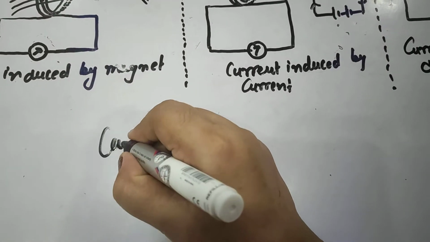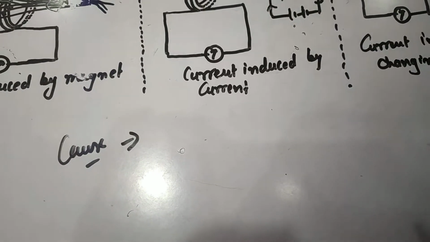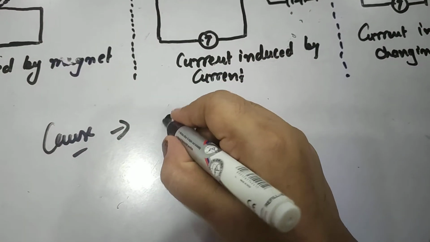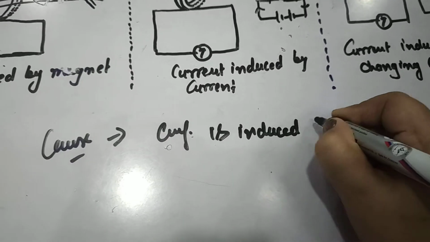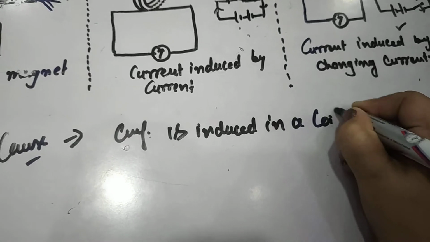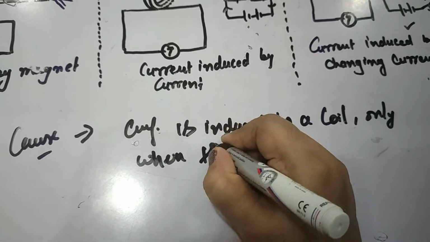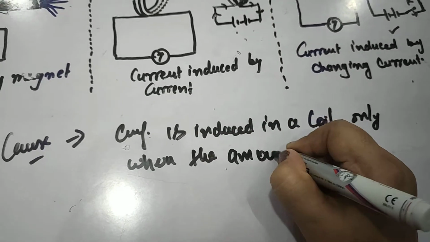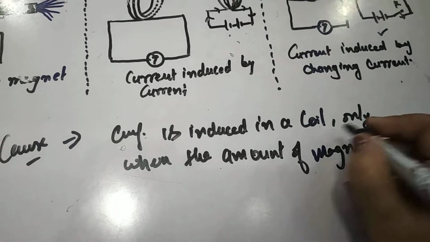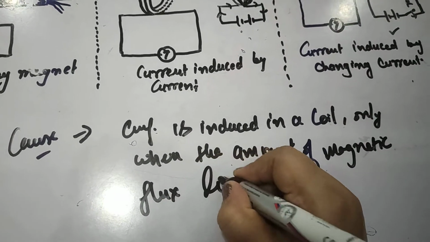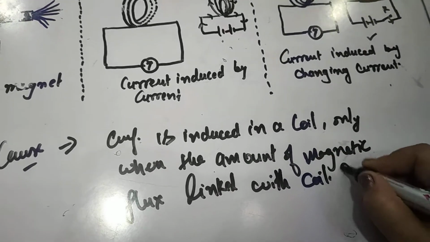So we can write here: the basic cause is that EMF is induced in a coil only when the amount of magnetic flux linked with the coil changes.